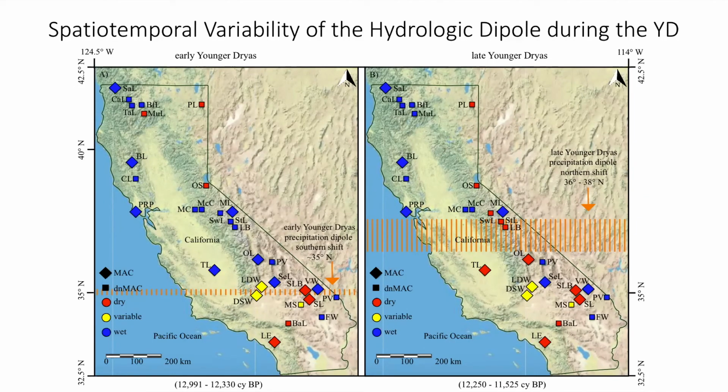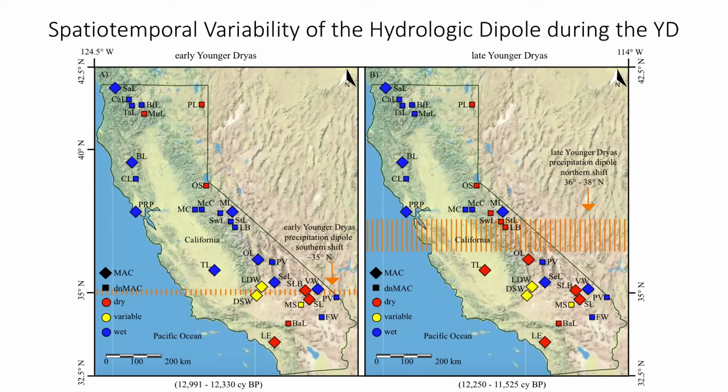Notably, sites situated south of Barley Lake between 35 to 38 degrees north latitude revealed wetter hydroclimate conditions during the beginning of the Younger Dryas, followed by a transition to drier hydroclimate conditions during the late Younger Dryas, demonstrating that the dipole's transition zone was positioned south at 35 degrees north latitude during the early Younger Dryas. However, it migrated north during the mid to late Younger Dryas.